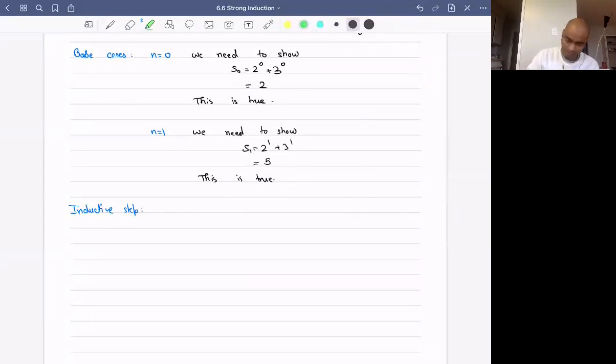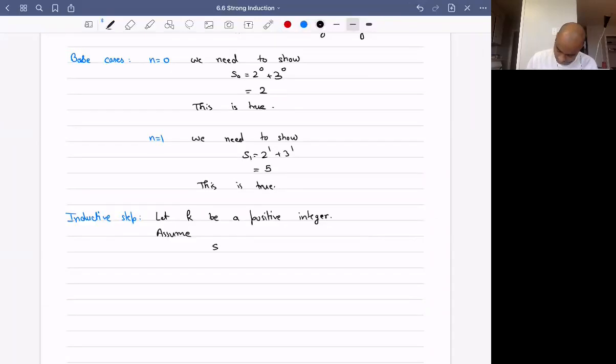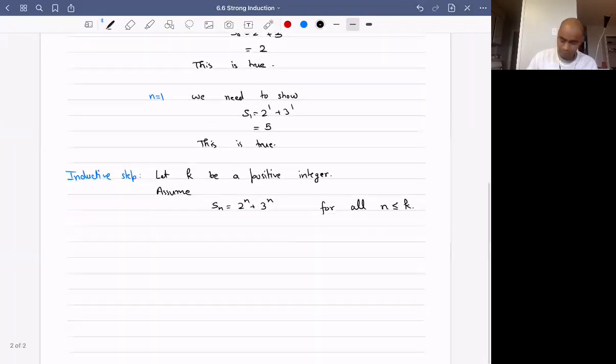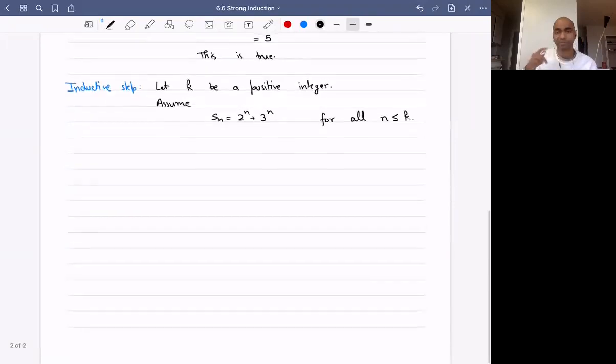So here I will say, let k be a positive integer. Assume Pk is true for all n less than or equal to k, but I'll just expand out Pk. So I'll say assume Sn is 2 to the n plus 3 to the n for all n less than or equal to k. Okay, so that's my induction hypothesis.